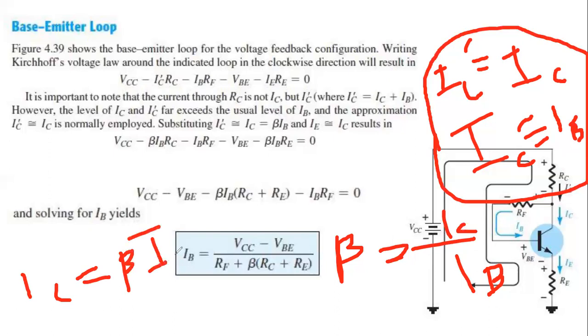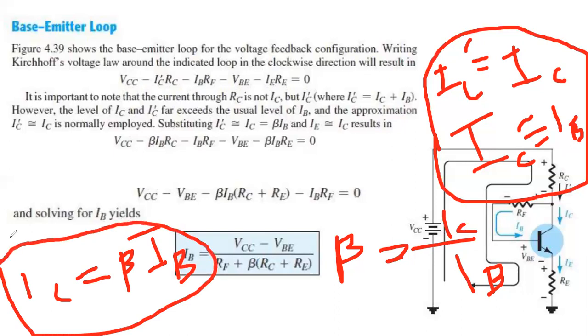So from here IC prime will be beta IB, and this IB will be IB. Also this IE RE will be beta IB RE, because first we replace this IE using IC, then we replace this IC using beta IB. So our main focus will be to represent all the currents using IB.